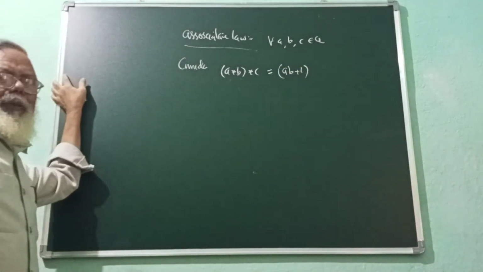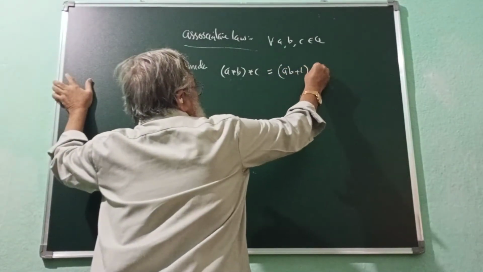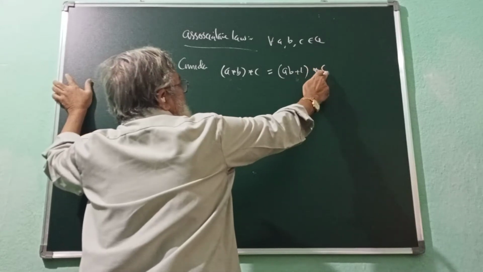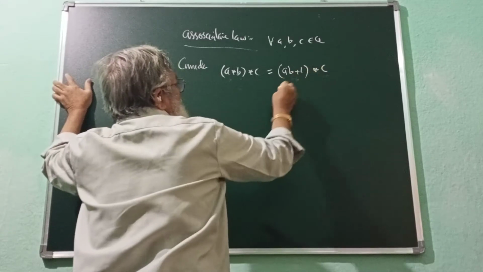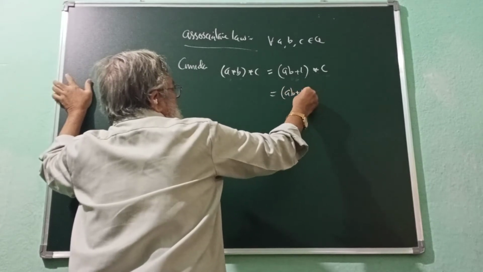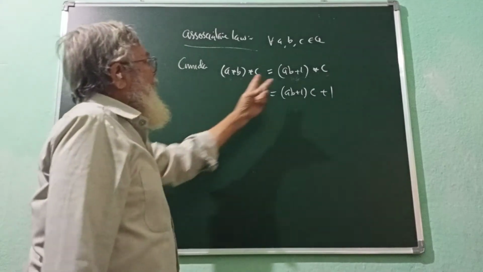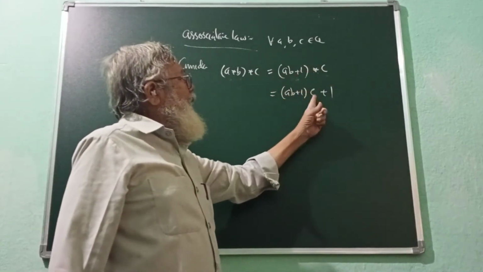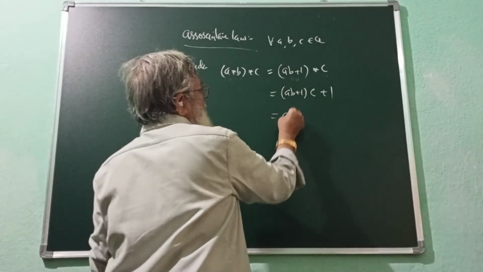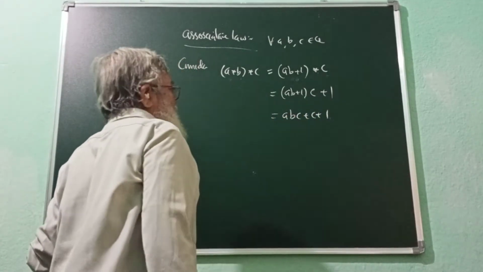Operating A star B, by the definition, star C will be as it is. Now this bracket is our A, and C is our B. A star B means AB plus 1. So that will be equal to ABC plus C plus 1. That is the left hand side of associative.